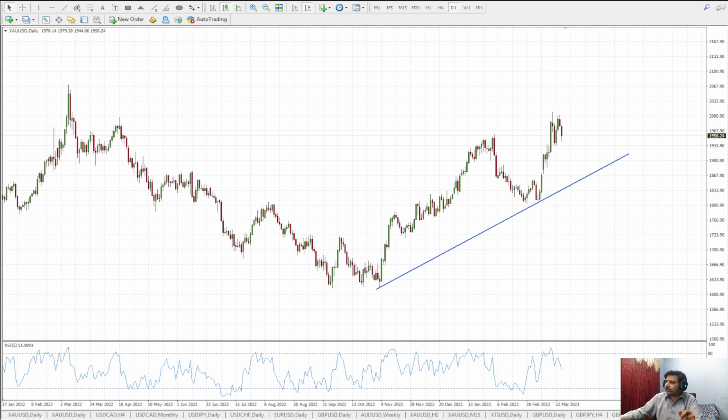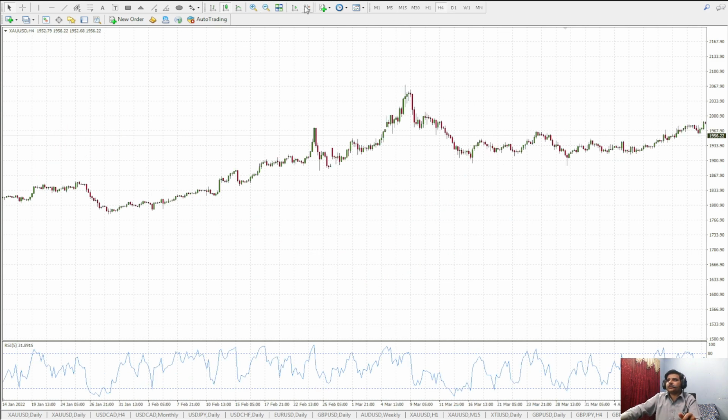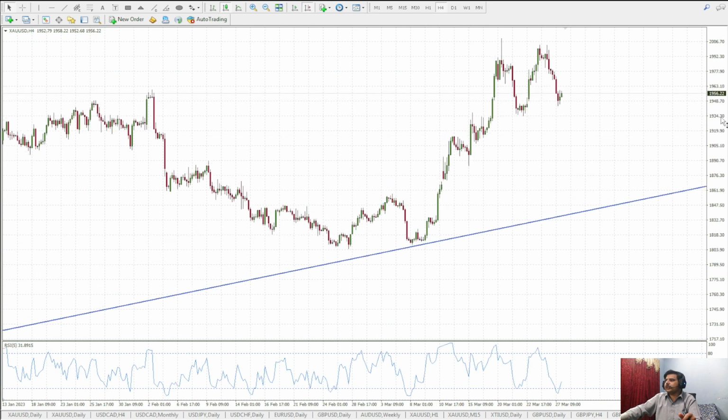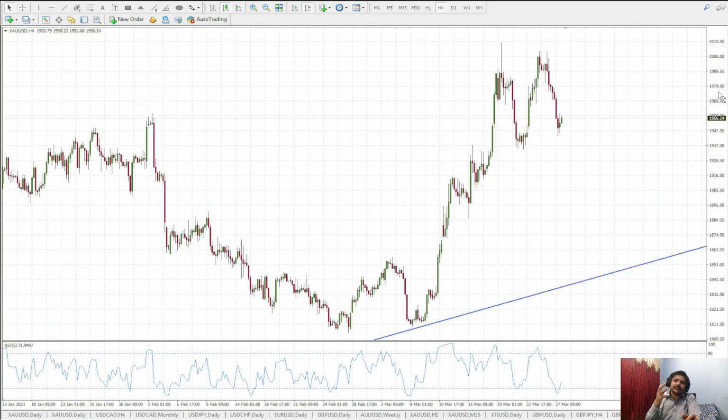Now one more thing I want to tell you about the trend line, and that is if I switch one time frame lower, I will see that there are some other trends. If you see, this is one trend, right?